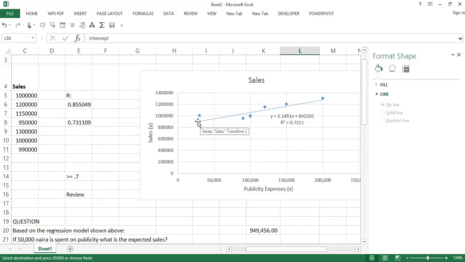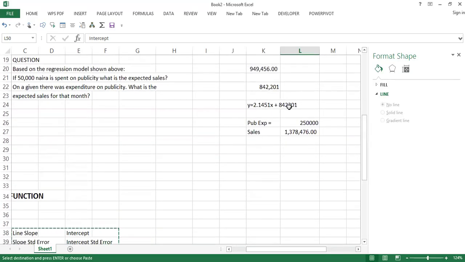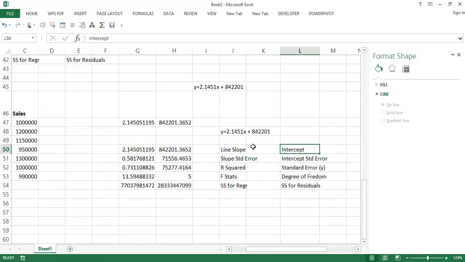If you draw this line and extend it, where it will meet this vertical line, that's the intercept. That's usually what is here, plus that. So that is the intercept. Okay, that's the slope.